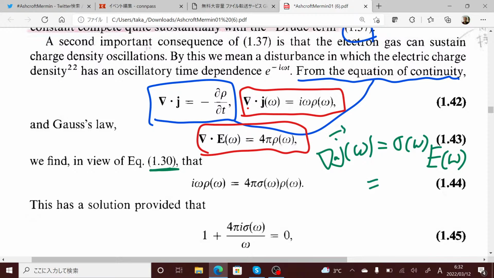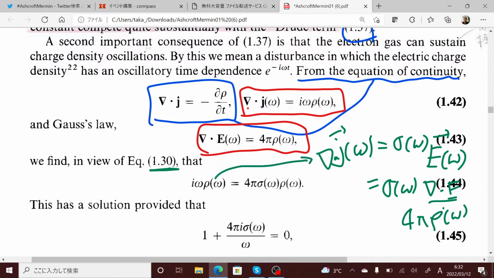This is a vector, so the divergence is sigma of omega times divergence of E. Divergence of E is 4 pi rho of omega. So this one is 4 pi sigma of omega rho of omega.